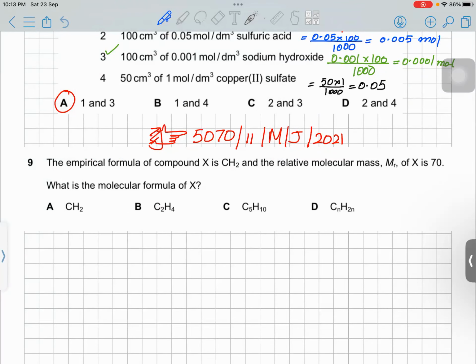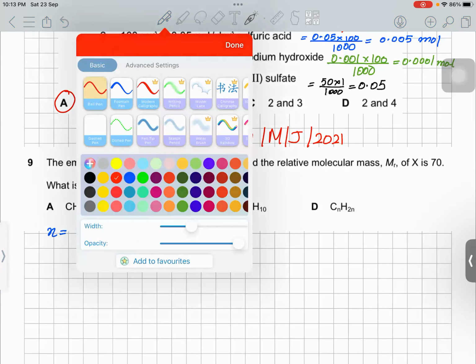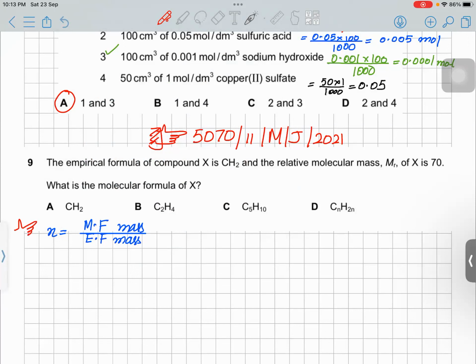So first step after getting the empirical formula is to find n. n is equal to molecular formula mass over empirical formula mass. This is step 1.